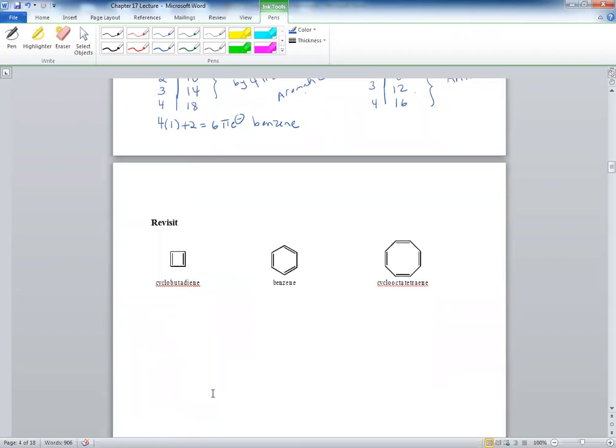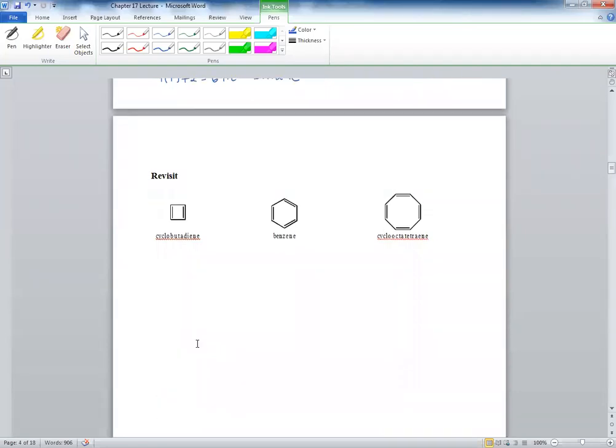The only part where you will probably need a bit of help is whether the structure is planar or not. But I will help you: after we do these examples, I will give you guidance on whether to assume a structure is planar or not. So let's begin right away.